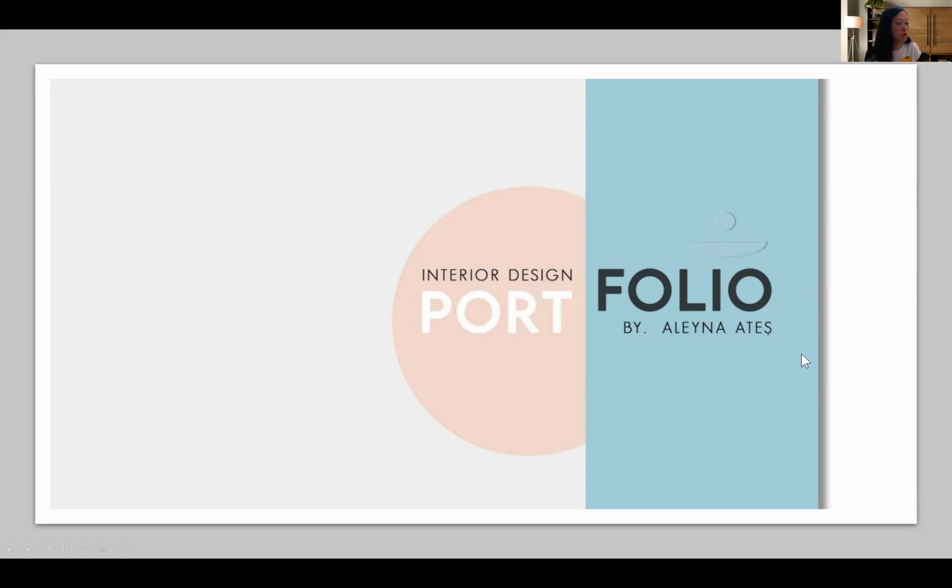Using the same typeface helps maintain consistency, but the different weights of the typeface bring out variety. The contrast between the blue square and the little peach circle brings out a contrast within the variety, and the tones maintain consistency across the overall design. So this is a really perfect example of a cover.